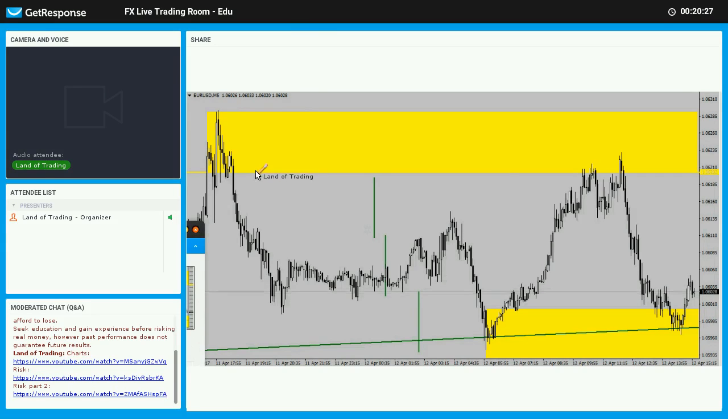Okay, guys. One important thing, I'm looking for something inside the 30 minutes supply, right? So I don't care if I have any kind of demand in between, because I'm interested in the supply within the 30 minutes chart, but I'm looking for some hints inside the supply on the 30-minute chart using smaller time frames.